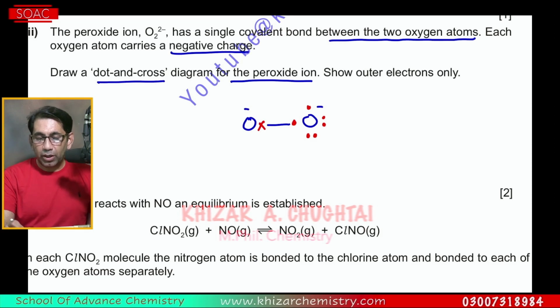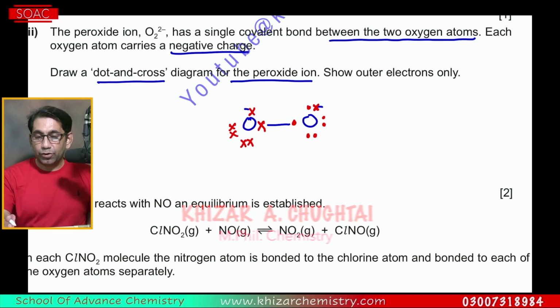Because of the negative charge, this extra electron is taken by the oxygen atom. Same is the case for the left hand side oxygen, which has its own 6 electrons: 1, 2, 3, 4, 5, and 6.